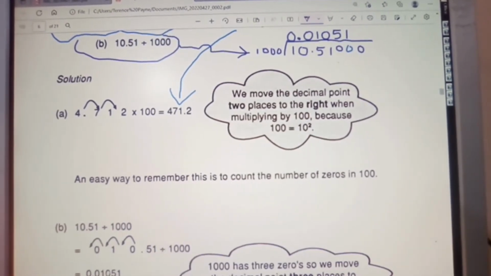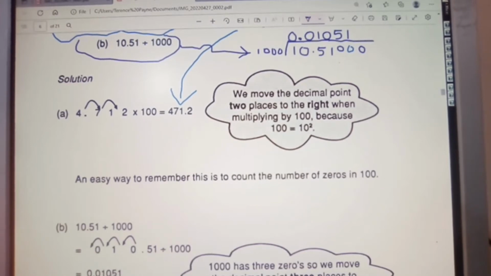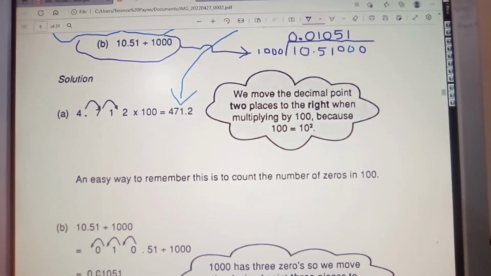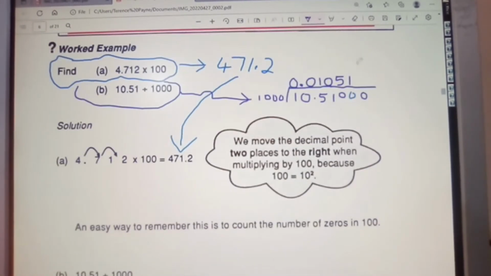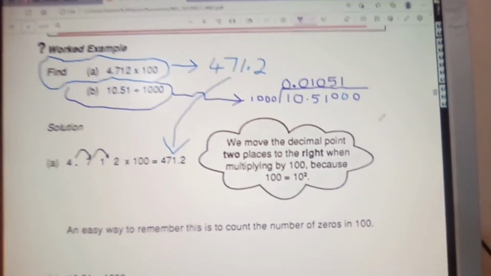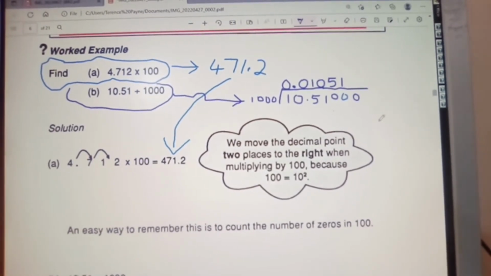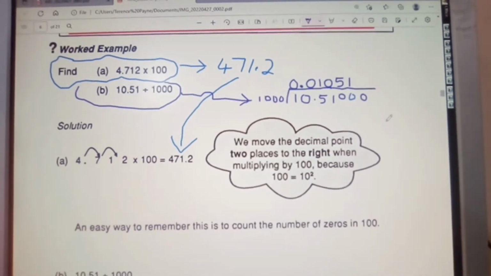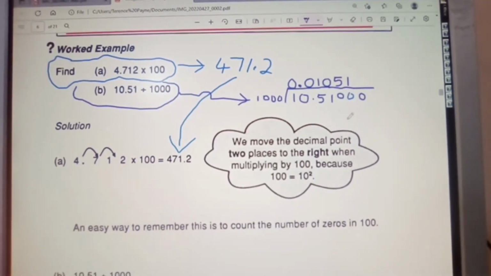Then it actually comes down to moving the decimal point again to 0.01051, which is the same answer that I have up here. Okay, so we know that is correct.